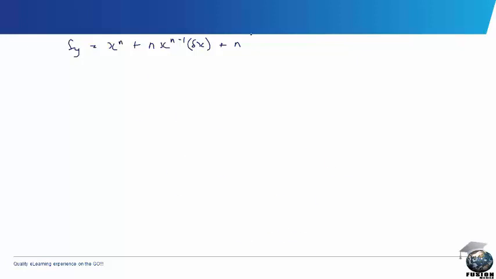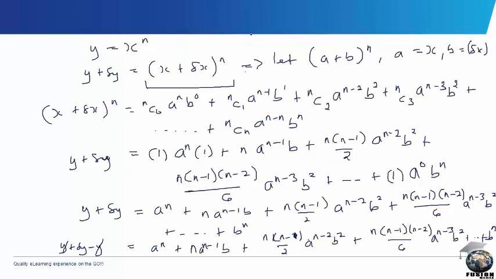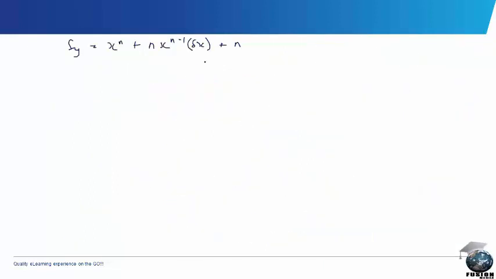Alright, let me go back so I can see clearly. We have n minus 1 over 2, and then x raised to the power n minus 2, and dx squared.